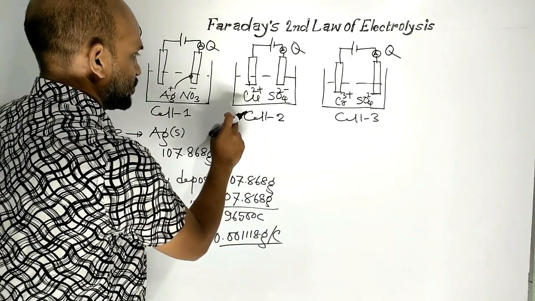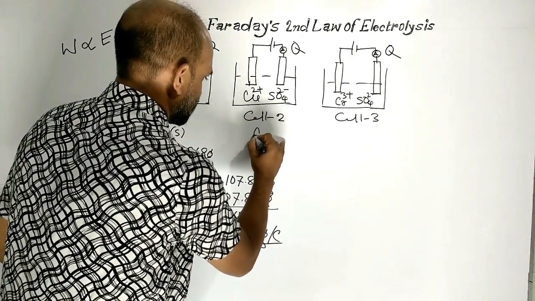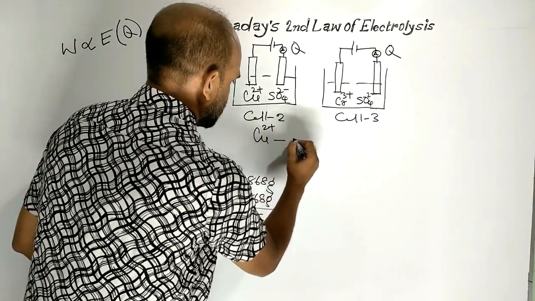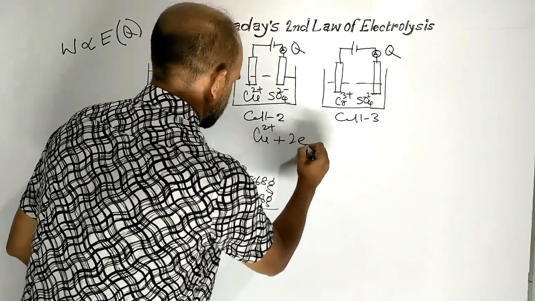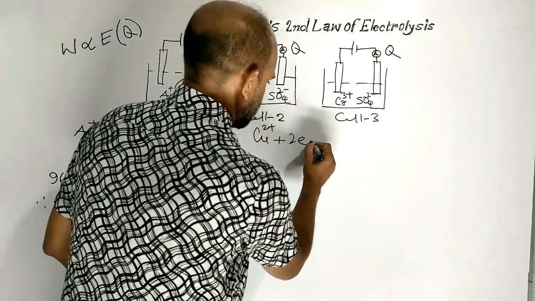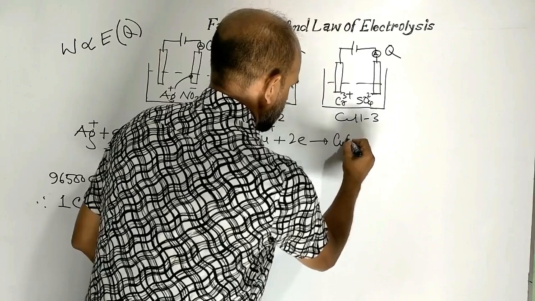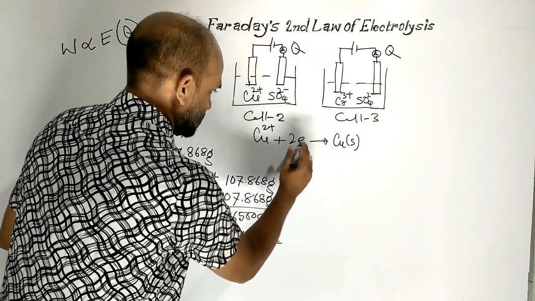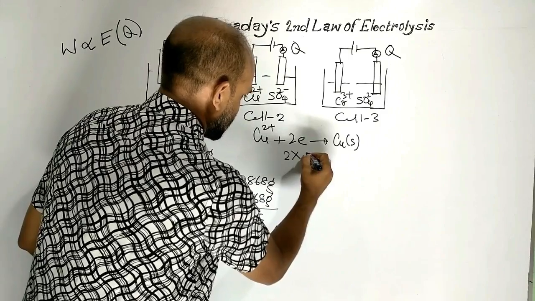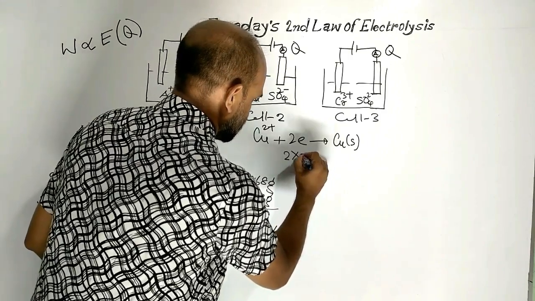Now for cell 2, the chemical reaction occurs here. Copper 2 plus ion receives electrons to form solid copper. 2 moles of electrons. Charge of 2 moles of electrons is this.